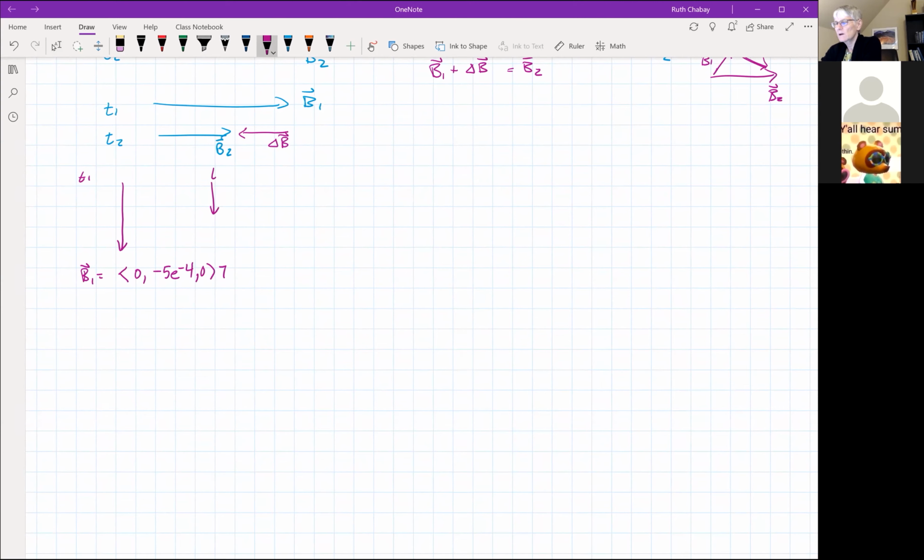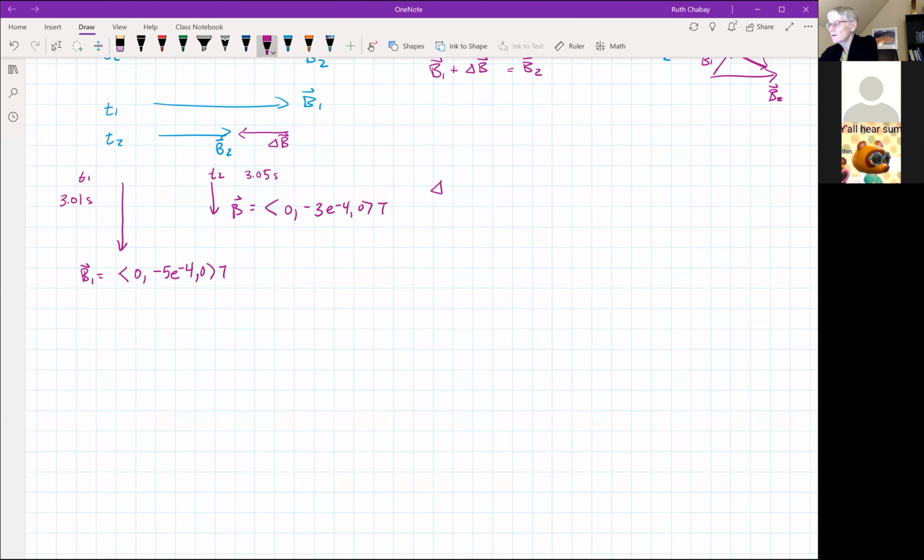And at time t2, B2 is equal to 0. It's smaller in magnitude, so it's less negative. So negative 3 times 10 to the negative 4 Tesla. And say this time is 3.01 seconds, and this is 3.05 seconds.